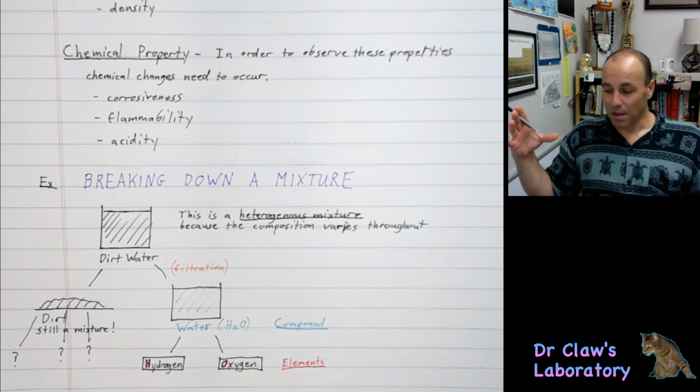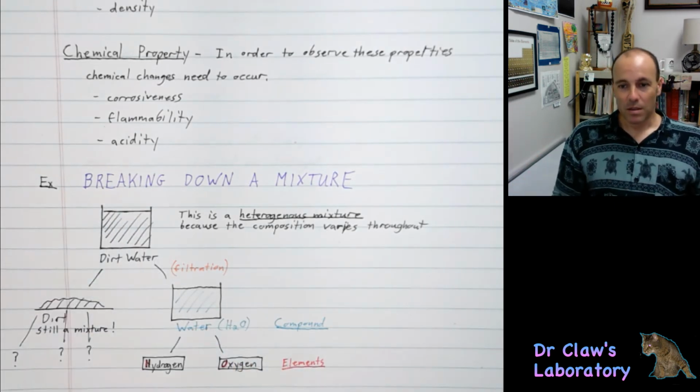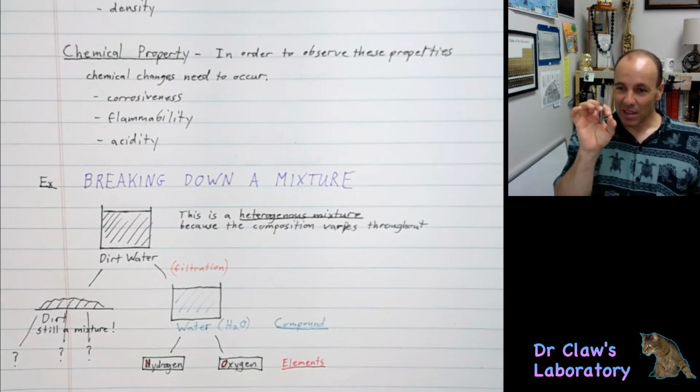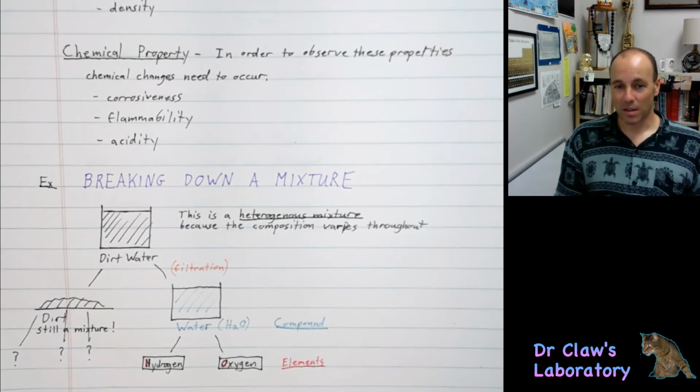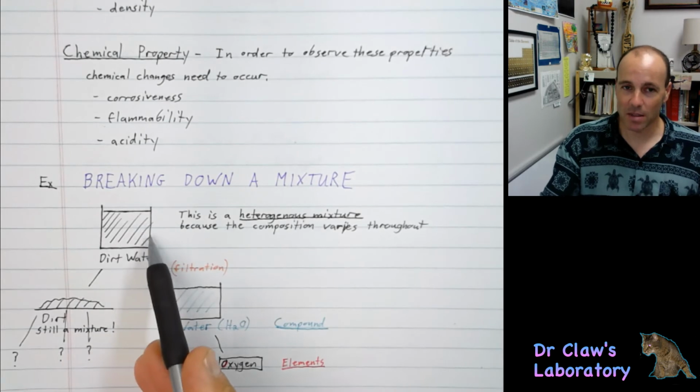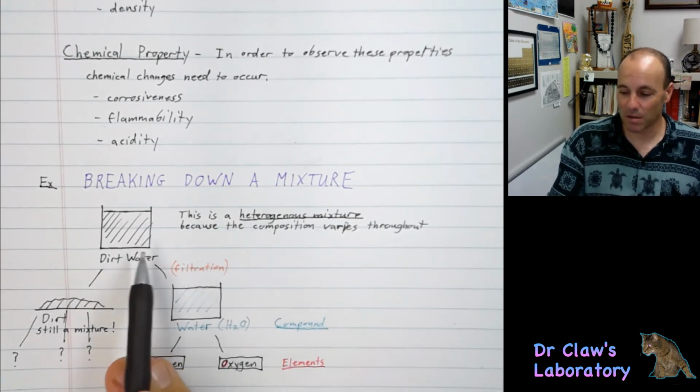And further, if I were to pour this dirt water into a filter paper, that tiny speck would get trapped by the filter paper because the mesh size of the filter paper is smaller than the speck. So the speck is huge.